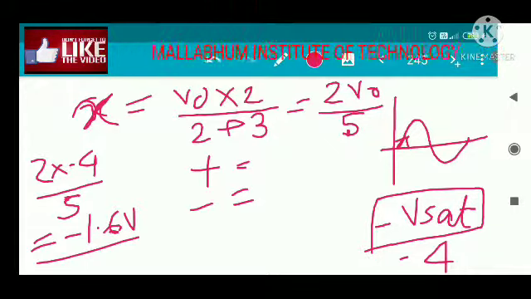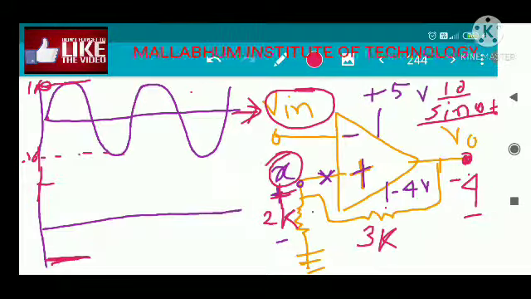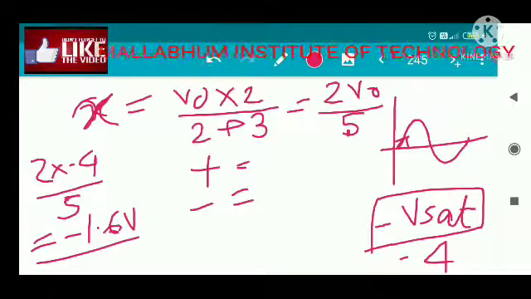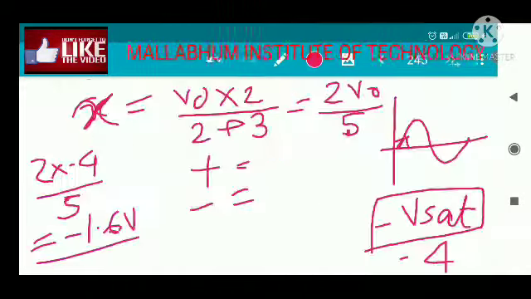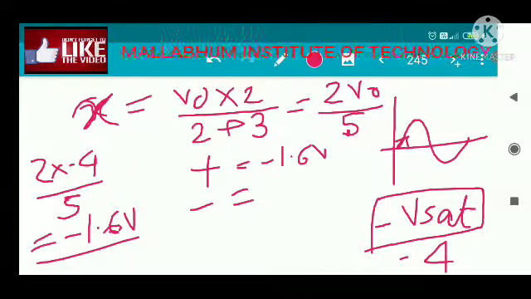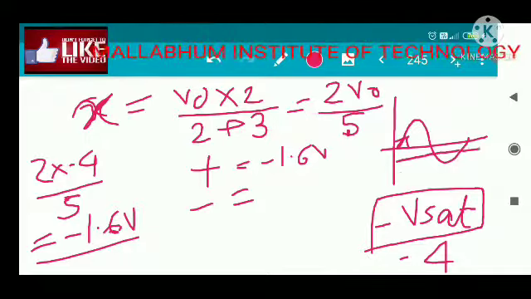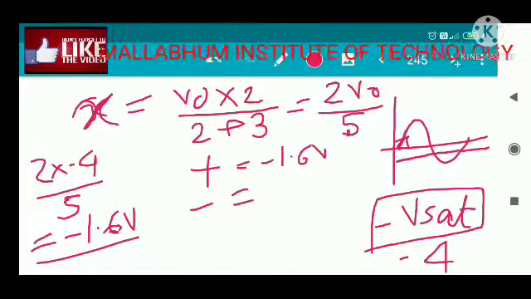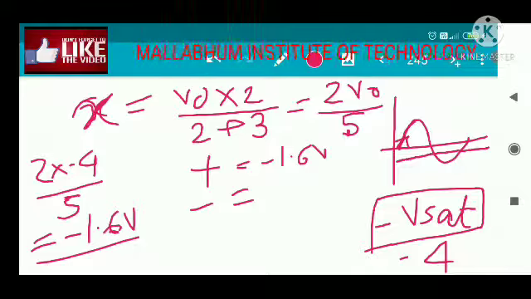So this negative terminal voltage is going to increase in this fashion, and this positive terminal voltage is minus 1.6 volt. As long as you can see this is minus 1.6 volt, this is a fixed voltage.